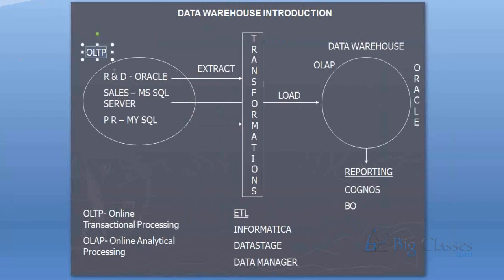And OLTP follows a relational model, and OLAP follows a multidimensional model. It is not that OLTP has some bugs and drawbacks that we overcome by using a multidimensional model here. No, it is not like that. The relational model is very robust, no doubt about that. Then why are we using a multidimensional model here?